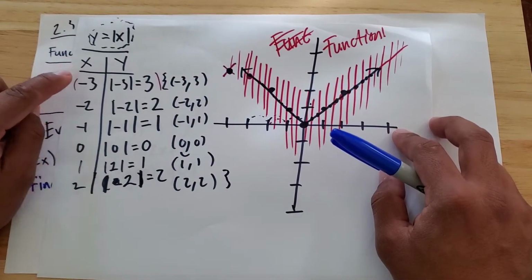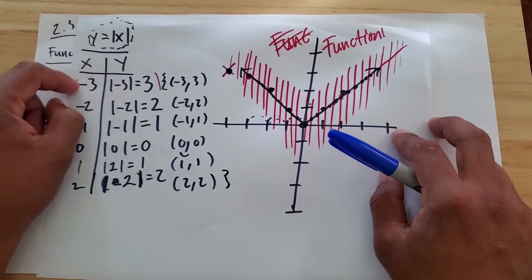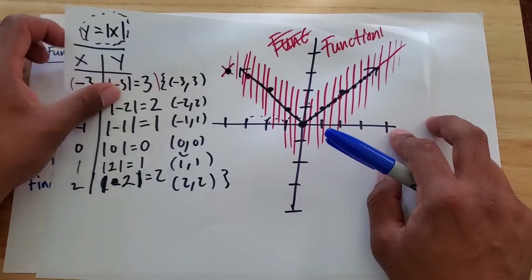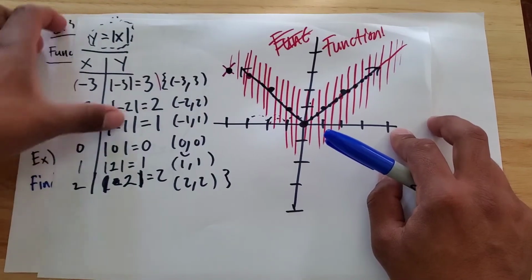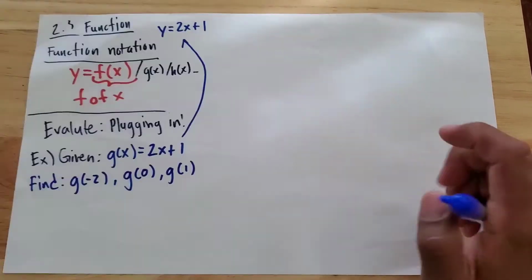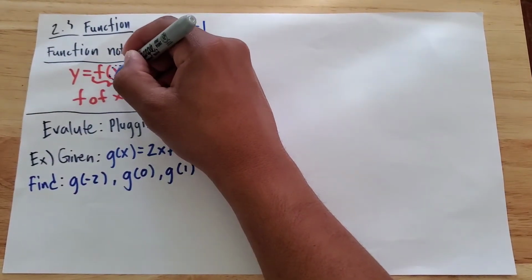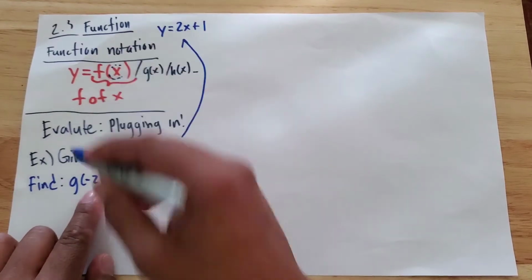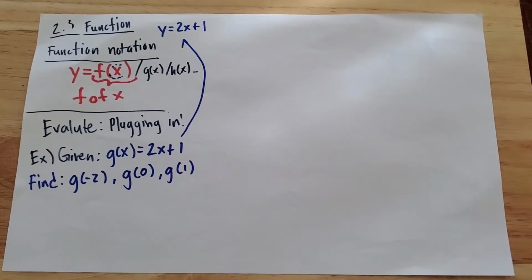We were taking x and plugging it into this equation. But instead of saying let x be -3 or x be -2, here what's inside is supposed to be x. So here we're saying x has to be -2.